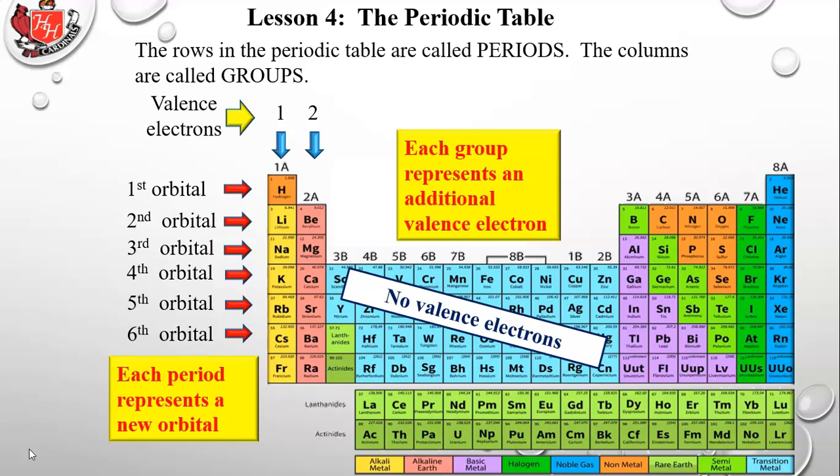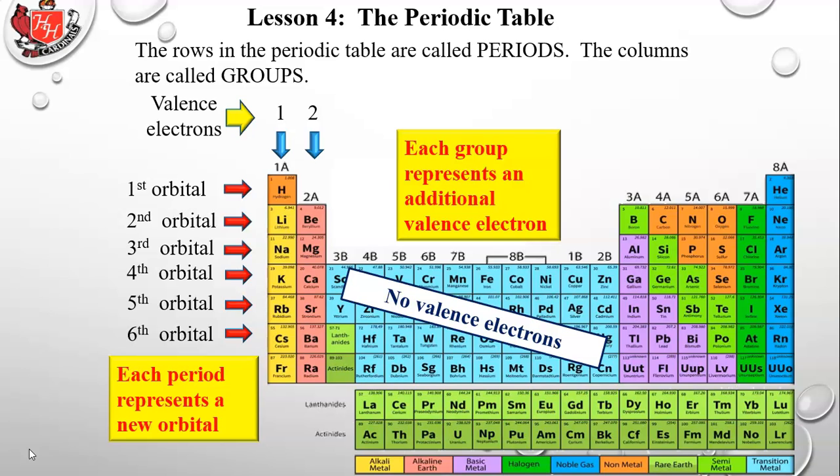Okay, now the second column, with the exception of helium, the second column represents the second valence electron. So if you look at lithium, let's go down to the second orbital. If you look at lithium, it has 2 orbitals, and it has 1 electron in its second orbital. That's its valence orbital.